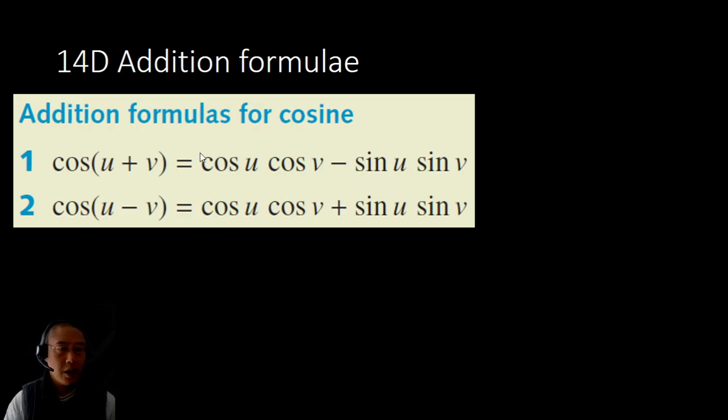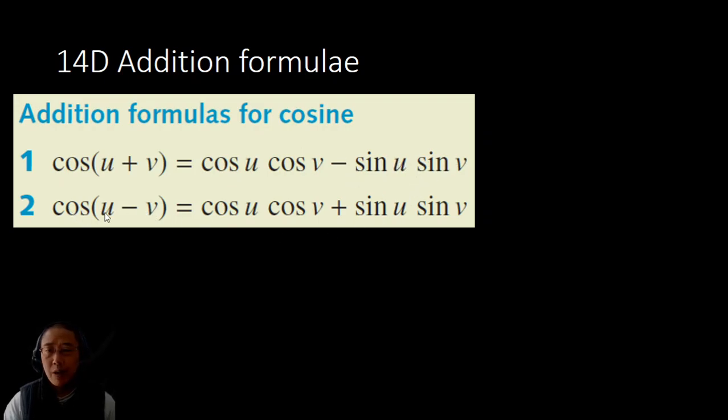It's a little bit too hard to explain through this video, so I'm not going to include it, but you need to get an understanding of its application about angles in a unit circle and various triangles involving it. So cos of (u plus v) is equal to the product of cos u cos v minus the product of sine u sine v.